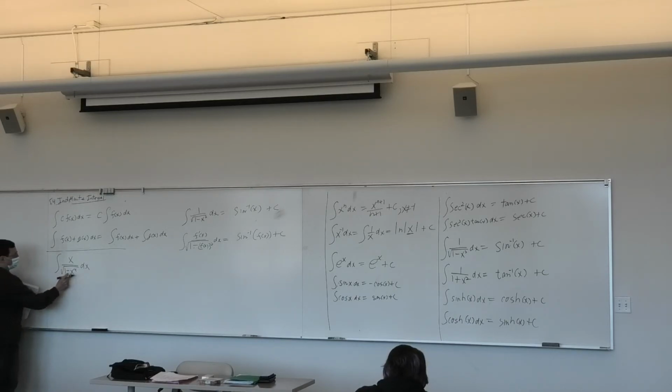Well, the f of x we see here is x squared, right? X squared squared is x to the 4th. Its derivative, again, is 2x.